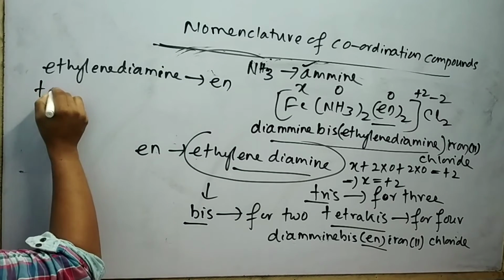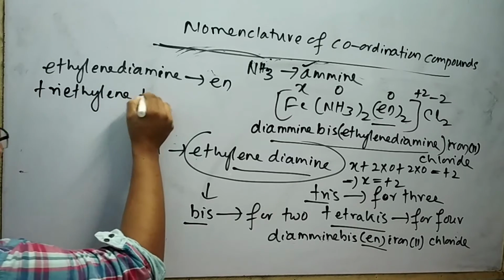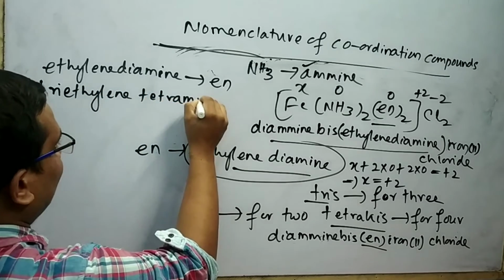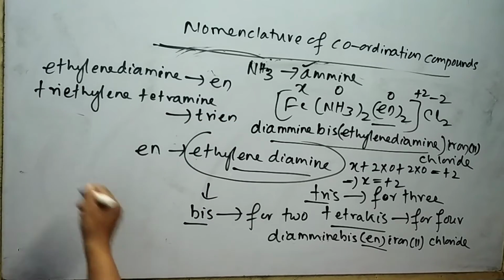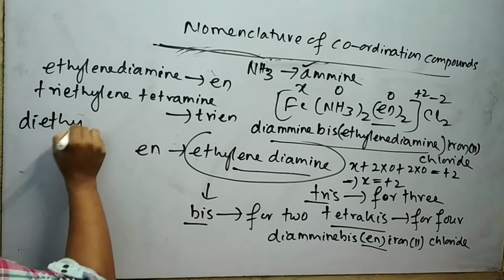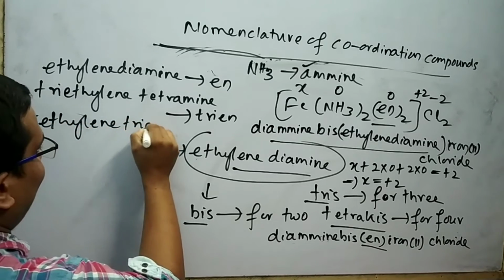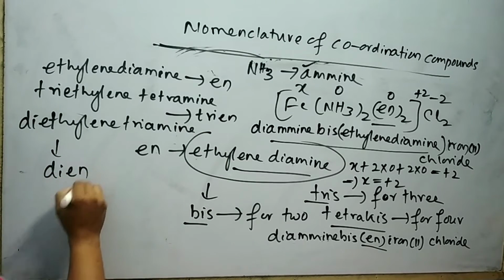Similarly, I can write a symbol for triethylenetetraamine, that is trien. Similarly, I can write a symbol for diethylenetriamine, that is dien.